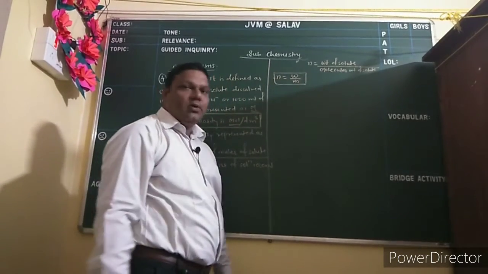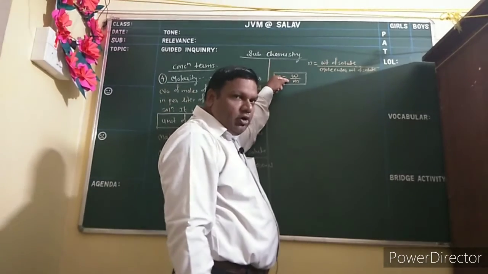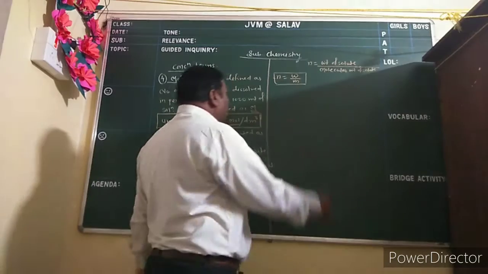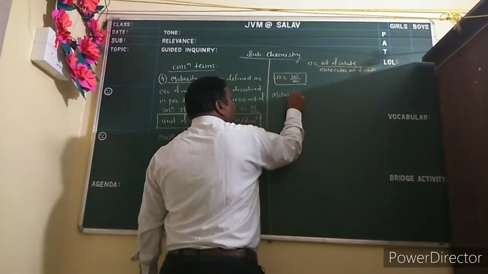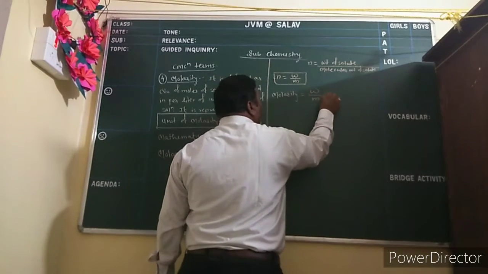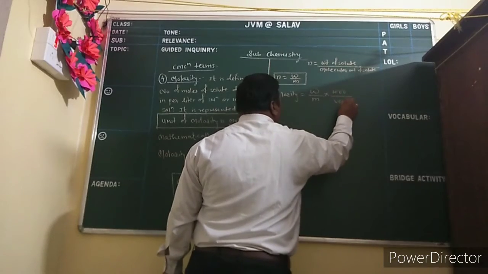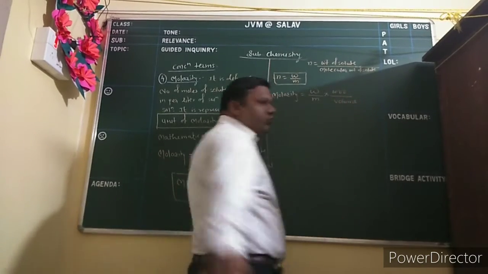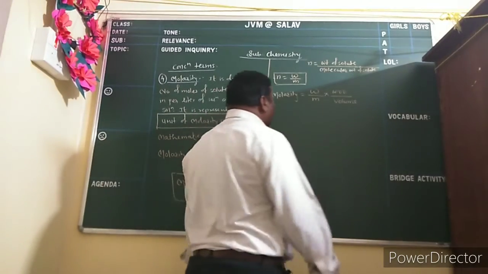Small n means number of moles is equal to weight of solute upon molecular weight of solute, and hence the molarity is equal to small w upon small m into 1000 upon volume.